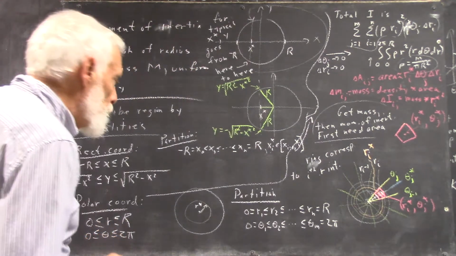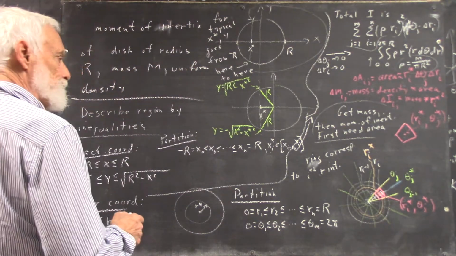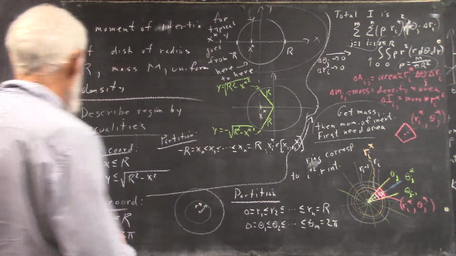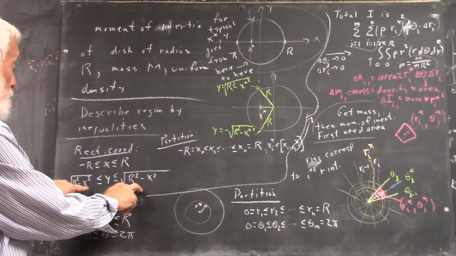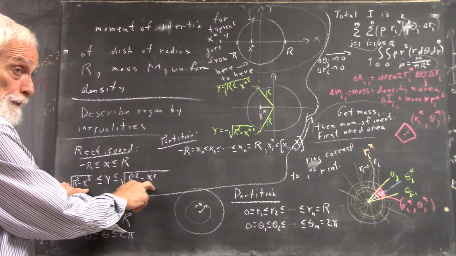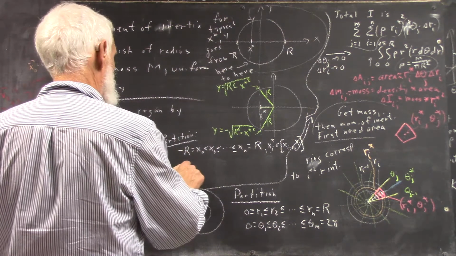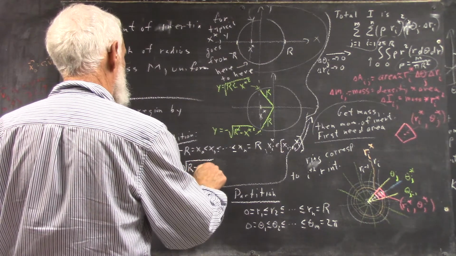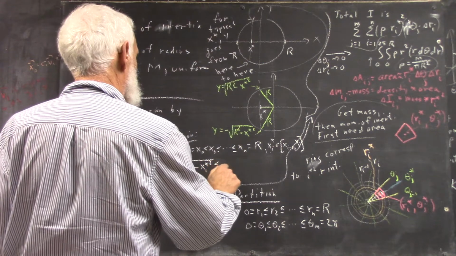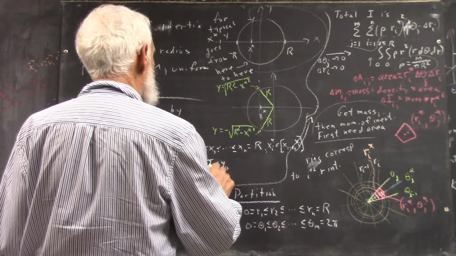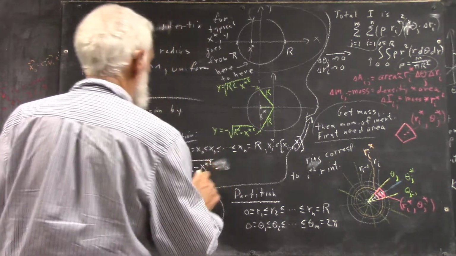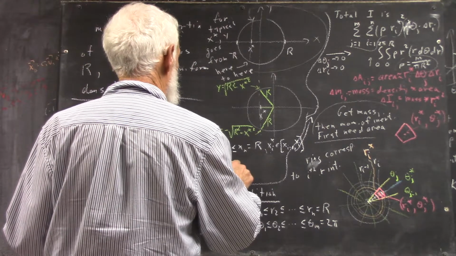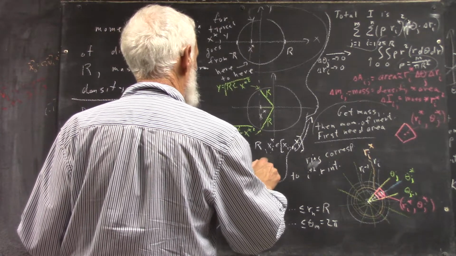Anyhow, so now what's y going to do? Well, y is going to go from here to here, where x is now xi star, right? So you have negative square root of r squared minus xi star squared less than or equal to y naught, less than or equal, well, it's all the way up to y sub m.